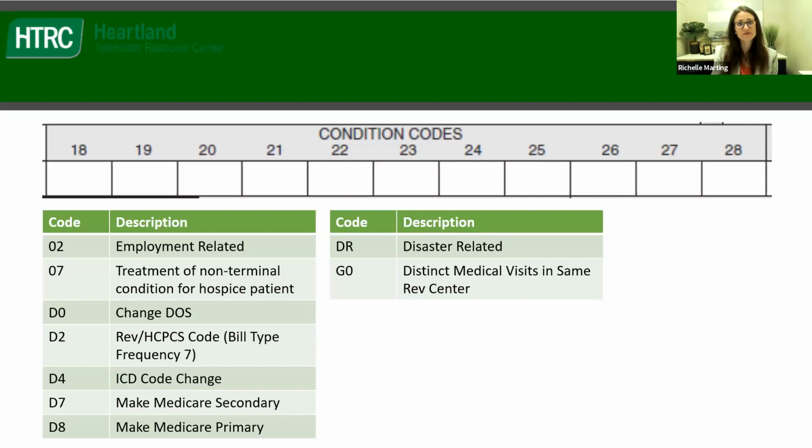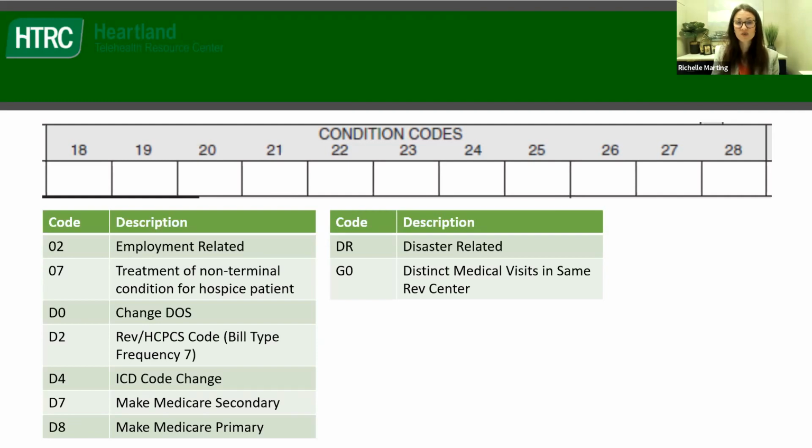So if we have a patient under hospice care who has something acute, like bronchitis or sinusitis, where we are giving some evaluation and treatment, we put a 0-7 condition code on the claim. That tells the payer or Medicare that we are entitled to separate payment outside of what is otherwise an all-inclusive hospice payment, and why we're asking for it.